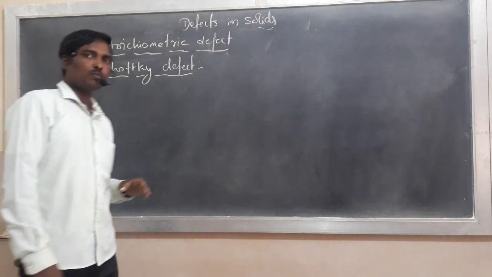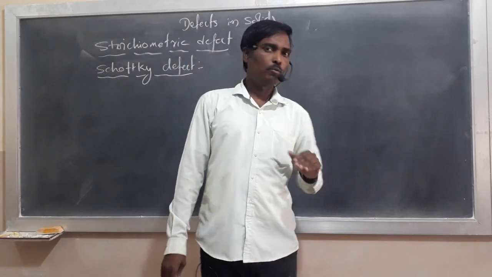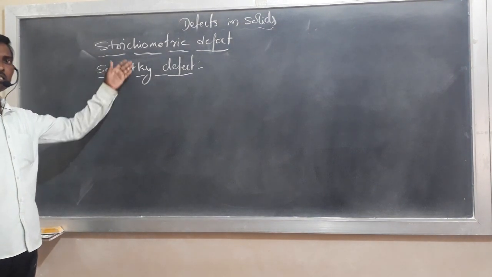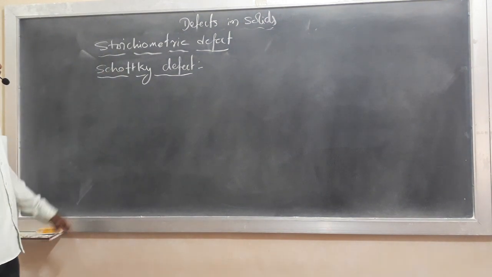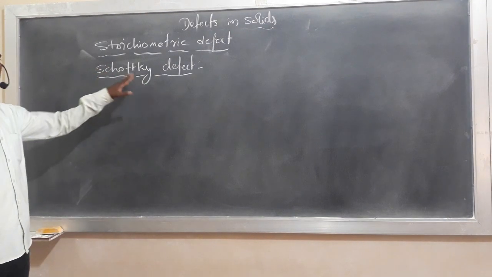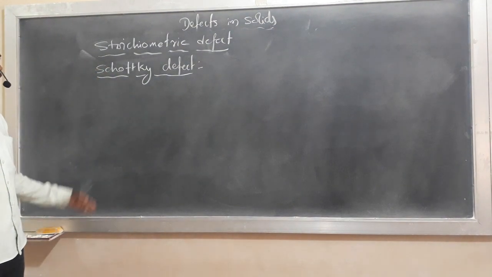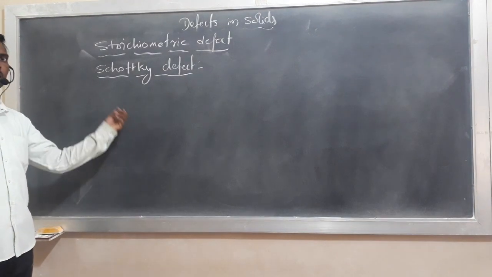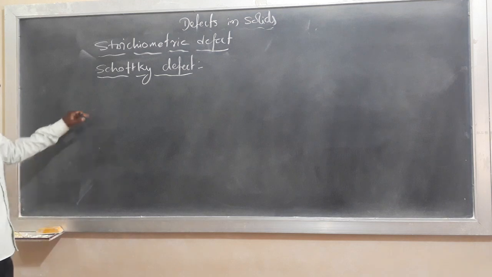These two defects are observed in ionic compounds, and they are the same as vacancy defects and interstitial defects. Vacancy defects are for non-ionic compounds, whereas Schottky defects are for ionic compounds. Similarly, interstitial defects are for non-ionic compounds, and Frenkel defects, the next one, are for ionic compounds.